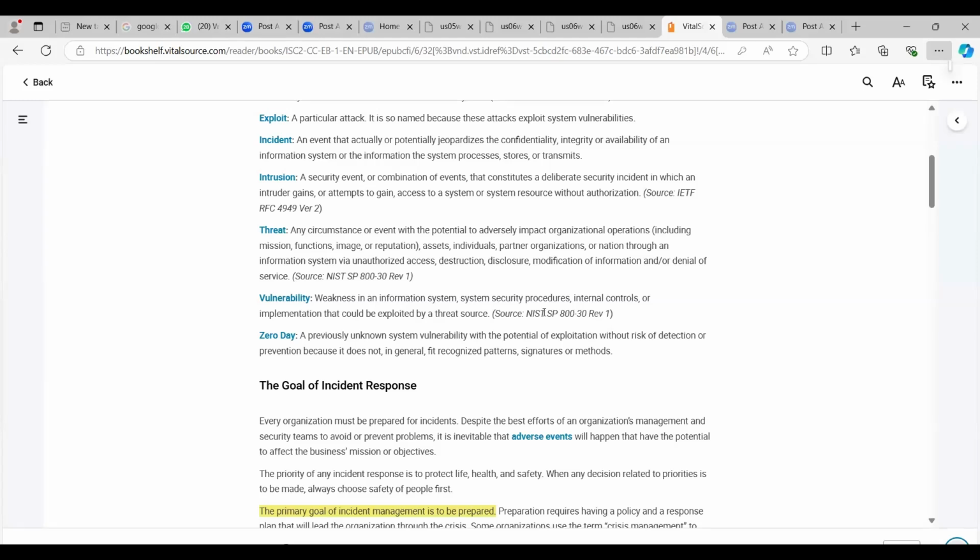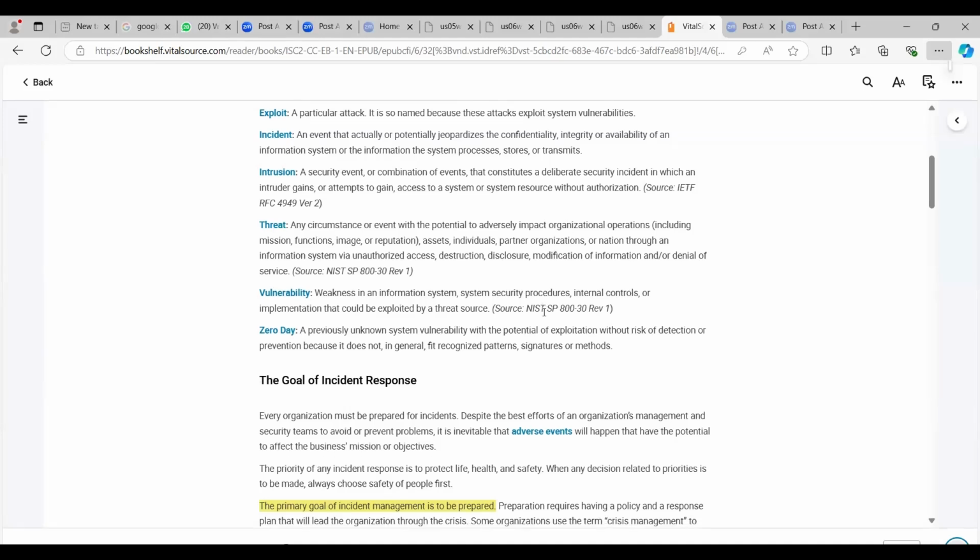Let me break it down. A threat is simply a potential danger to an asset, like a threat actor. It's a potential danger to your assets.